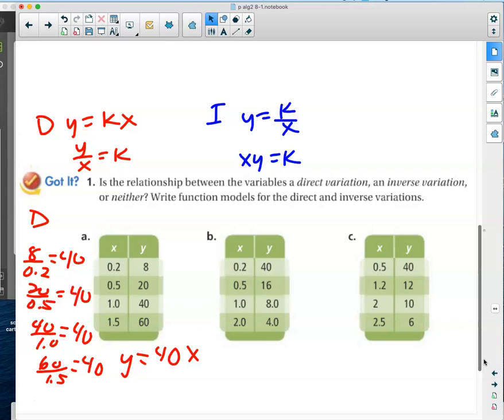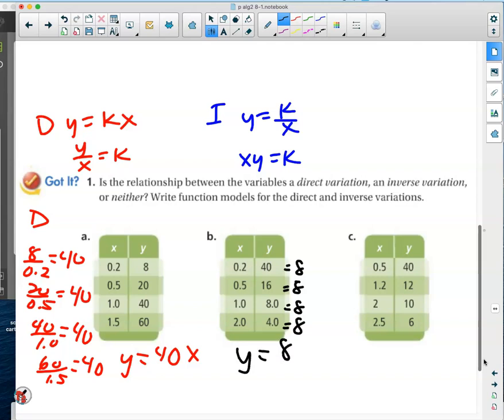Looks like just about everybody's found it. Was it direct or inverse? Yep, it was inverse. When you multiplied them together, what'd you get? Now, what I do see is some people are writing these in different forms. Remember, to show that we understand what inverse is, we have to write it as y equals k over x.